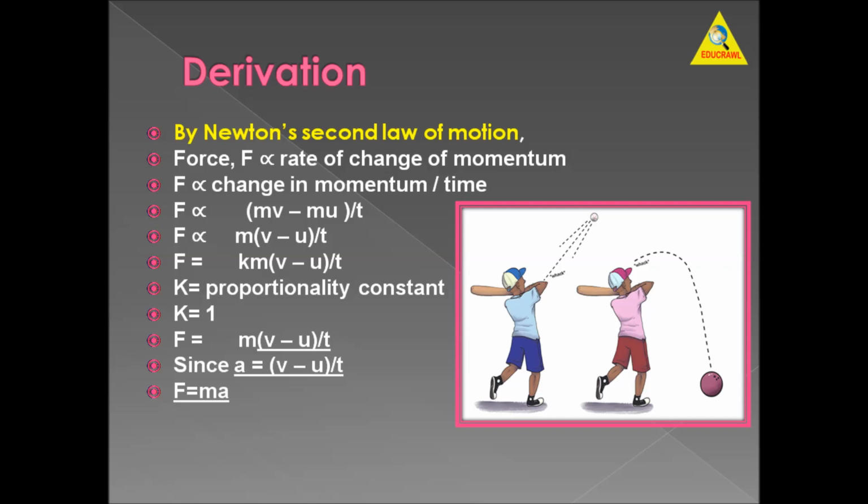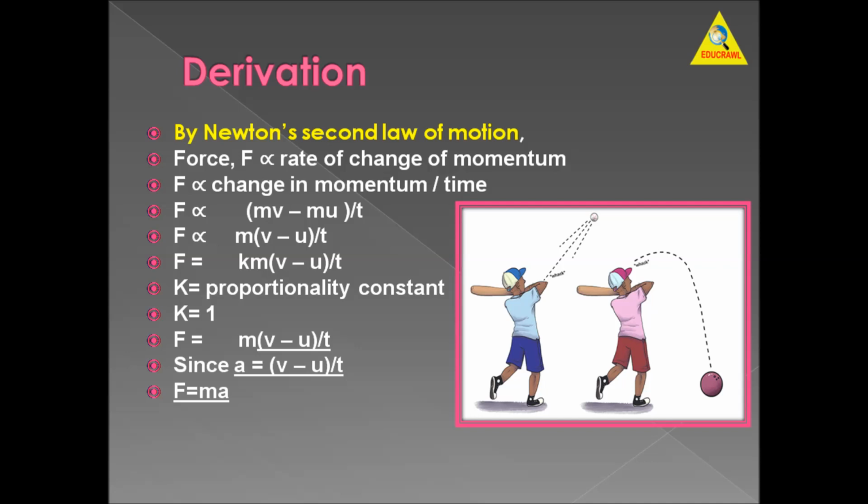Here, force is directly proportional to the rate of change of momentum. That means that whenever the rate of change of momentum increases, the force increases. And when the change in momentum decreases, the force also decreases. This is Newton's second law.